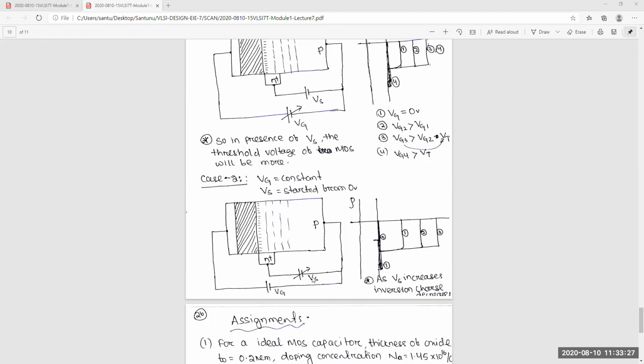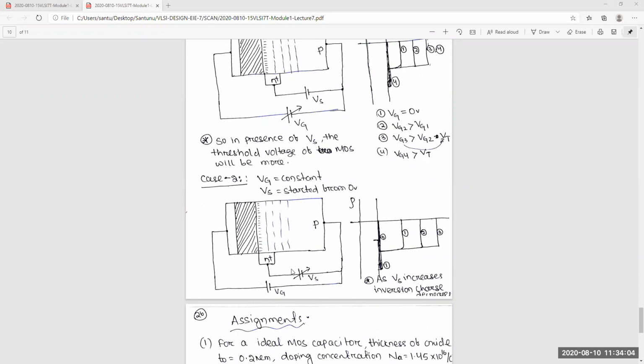As we increase Vs, the depletion region will increase, and the depletion region width and QD increase. The process I have already explained. So finally Qi decreases. I have shown here at 3, at this depletion region, you can see the inversion charge decreases up to this. Once you give more Vs, the inversion charge will be 0.